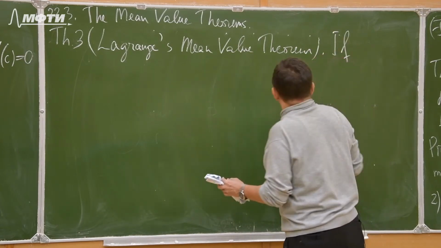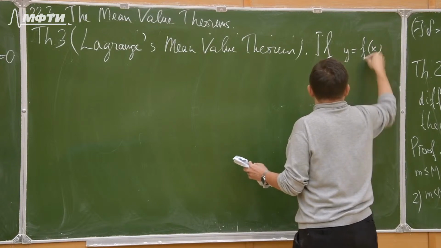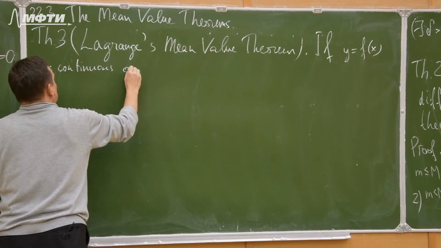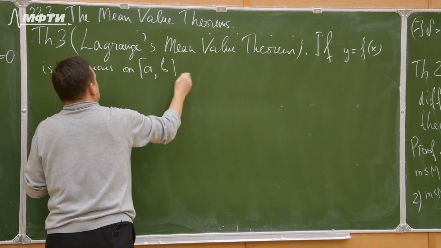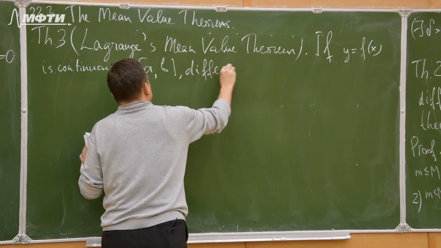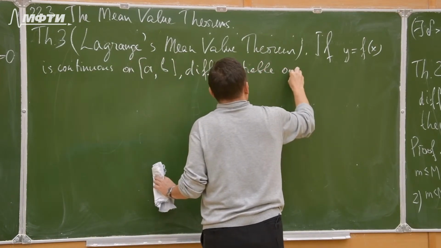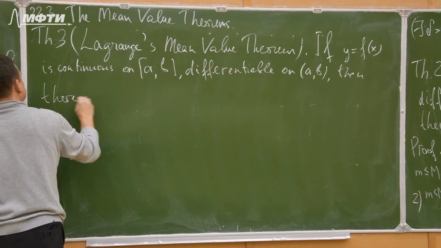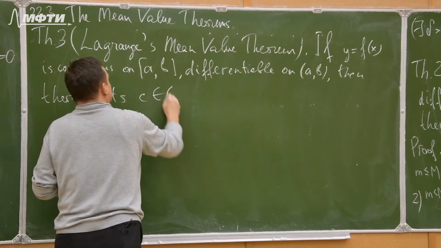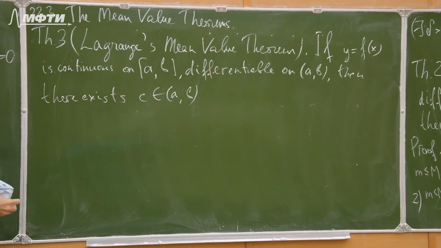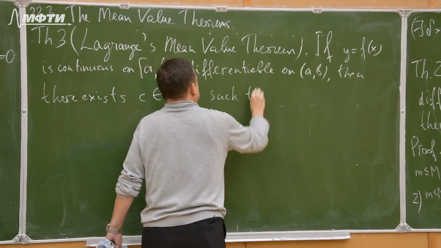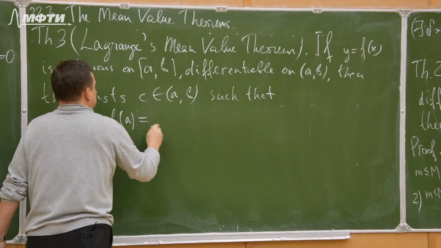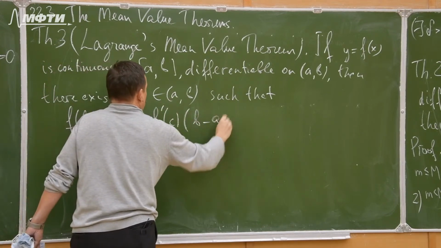If y equals f of x is continuous on [a, b], differentiable on the interval (a, b), then there exists c in the interval (a, b) such that f of b minus f of a equals f prime at c times b minus a.